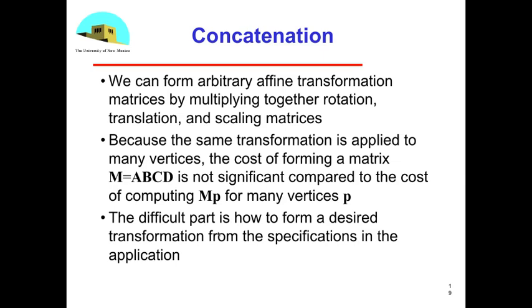If you're going to apply it to a lot of vertices, then the trick is to form the product, no matter how many it takes, A, B, C, A, B, C, D, A, B, C, D, E, F, and then just send that product to the shader and use that. But the hard part, as we note here, is how do I form the matrix that I want from the specifications that come from the application.